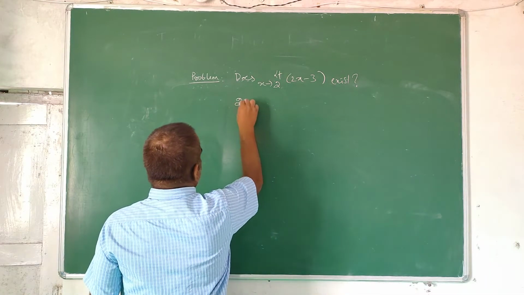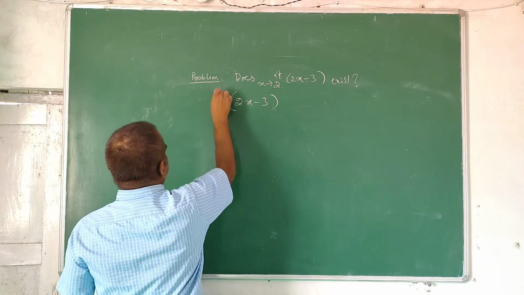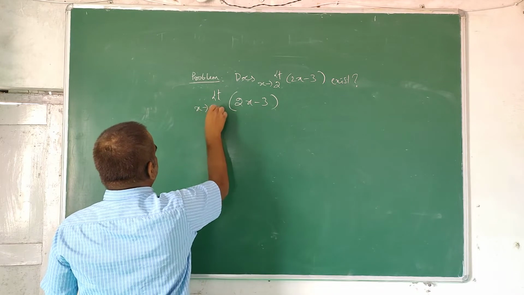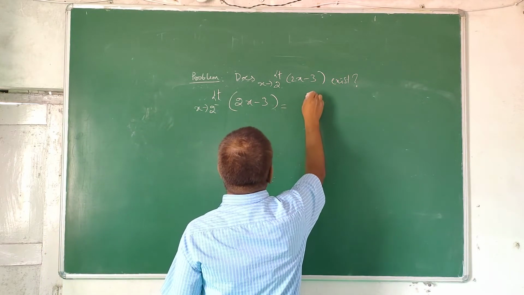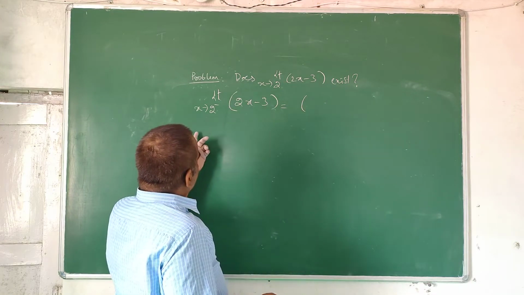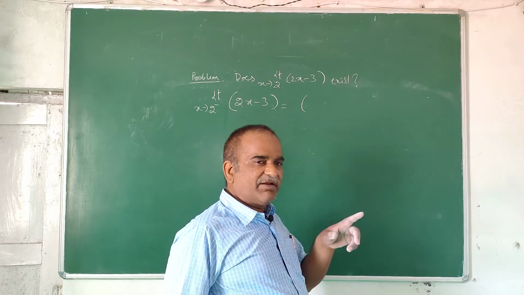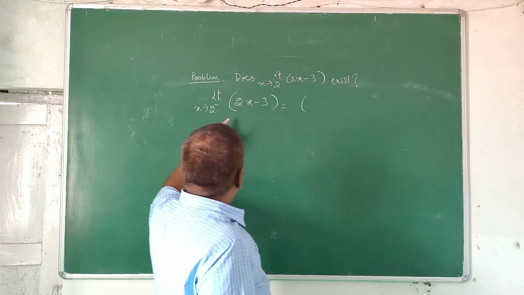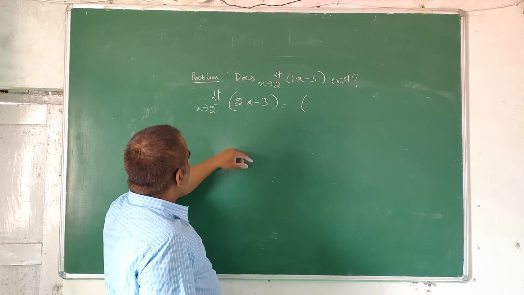So now I am finding LHL, 2x minus 3, limit x tends to 2 minus, which is the left hand limit. As I just said, when you are calculating a minus left hand limit, x tends to a from the left side. So you have to replace here x with 2 minus h.